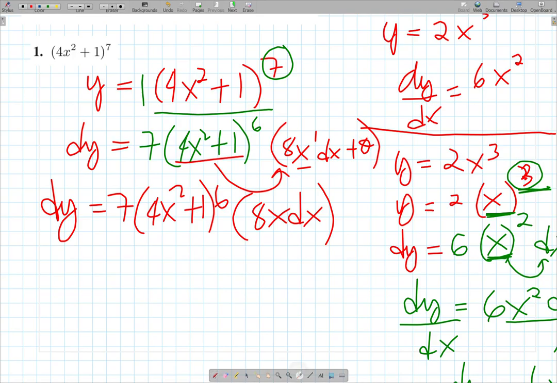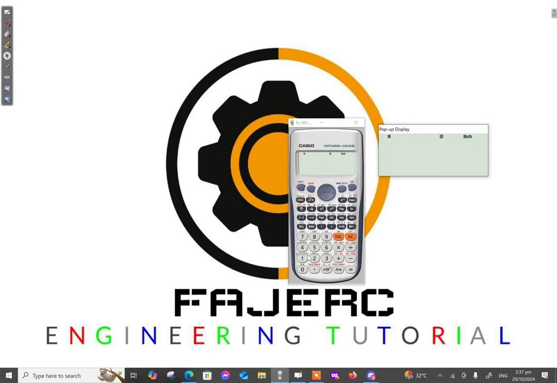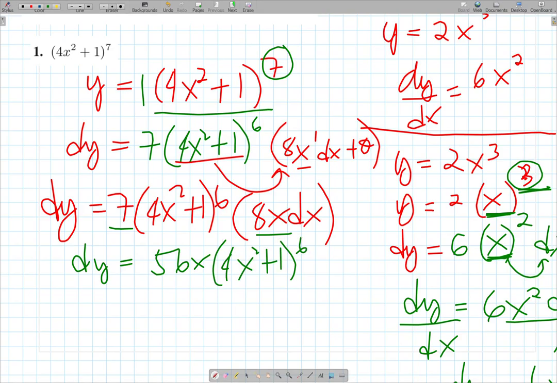We can multiply 8x and 7. Mahina ako sa ano, I have to use a calculator. 7 times 8 equals 56. So dy is equal to 56x (4x squared plus 1) to the 6, dx.